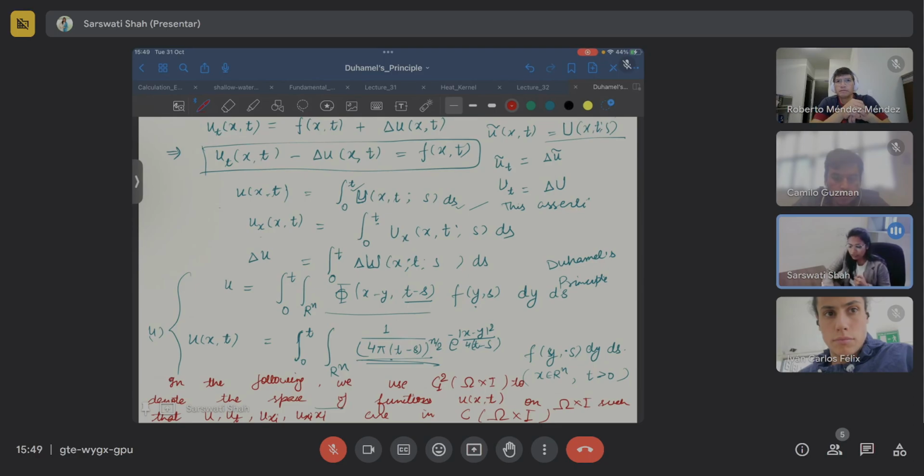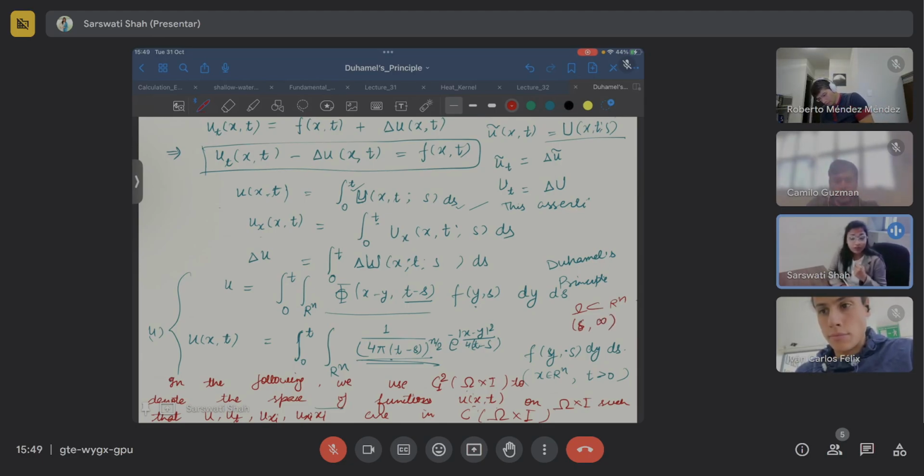In the following, we use C1 square omega, that is domain, cross I, that is time, to denote the space of function u(x,t). So x is coming from the domain omega. Omega is contained in Rn, and I is the time interval. So t is coming from that time interval, and the time interval is taken to be delta comma infinity.